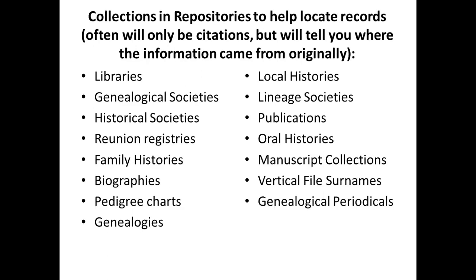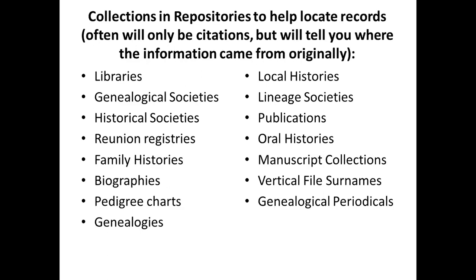So this is a list of different repositories that you might find such collections in. So libraries, genealogical societies, historical societies, reunion registries, family histories, biographies, pedigree charts. You do have to be careful of those. Genealogies, local histories, lineage societies, publications, oral histories, be very careful with those.